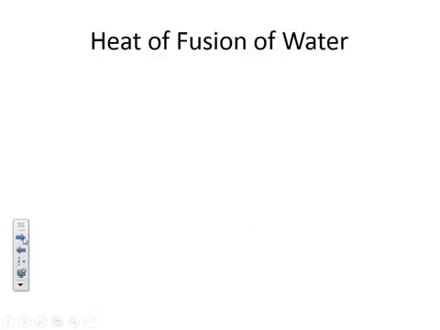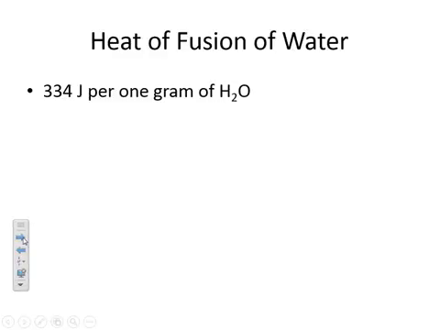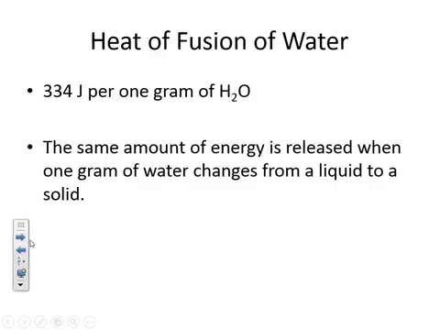Now the heat of fusion of water you defined the other day, and the heat of fusion in particular for water is 334 joules per 1 gram of water. So you might remember when we were studying this in Chapter 9 that a joule is an energy unit, and you need that much energy to melt 1 gram of water or to change 1 gram of liquid water to solid water.